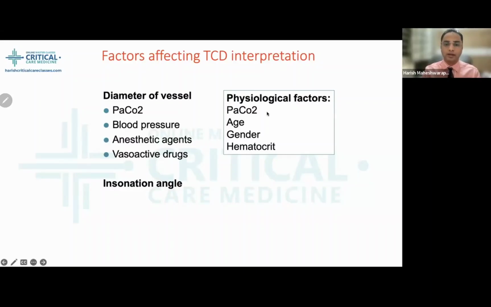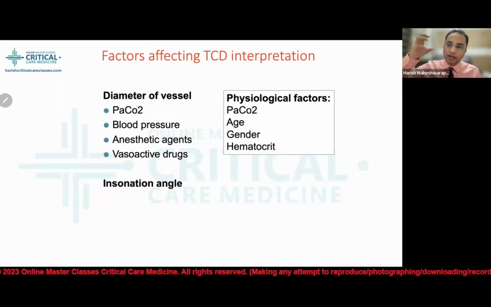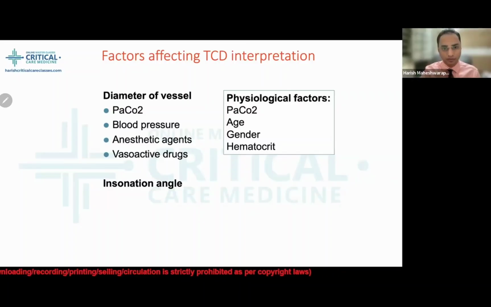Physiological factors like PaCO2, age, gender, and hematocrit particularly have an impact on the flow velocity. That's why, when we do MCA velocity assessment to get an idea about vasospasm in the post subarachnoid bleed patient, we see the Lindegaard ratio, because it takes care of the effect of PCO2 and hematocrit. It makes sure these are not confounding factors causing an increase in velocity that mimics vasospasm, which we'll discuss later.